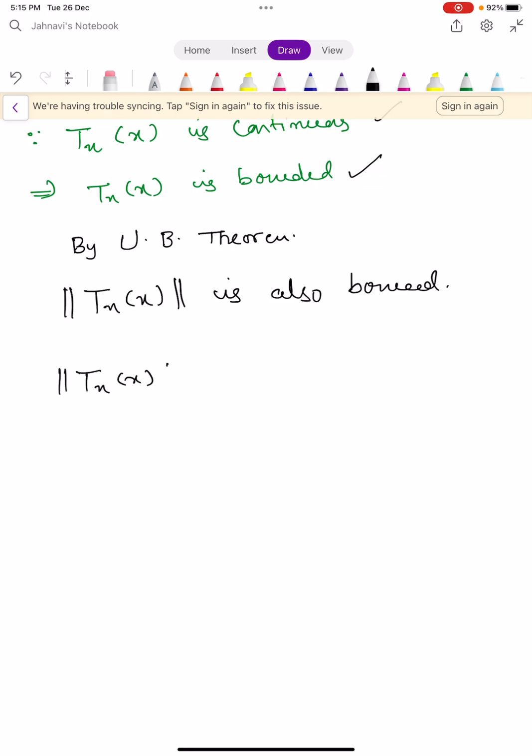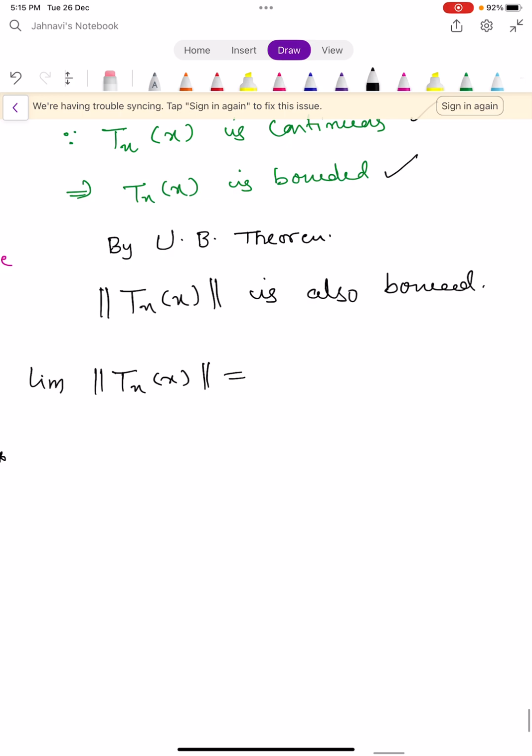Taking limit on both sides, limit n tends to infinity norm Tn of x is equal to norm T of x. So this condition implies limit n tends to infinity norm Tn of x is also bounded.